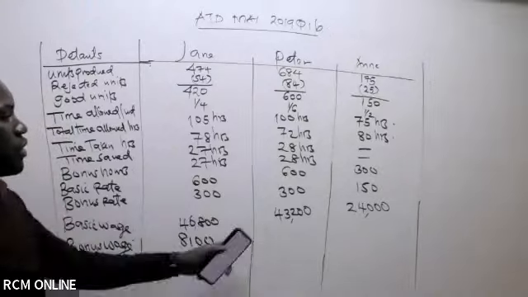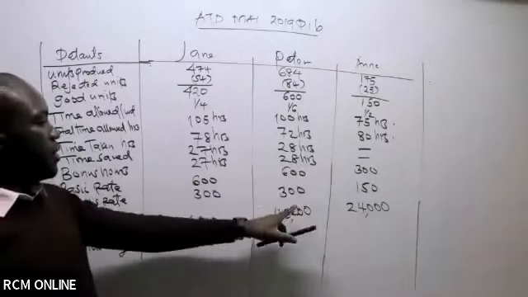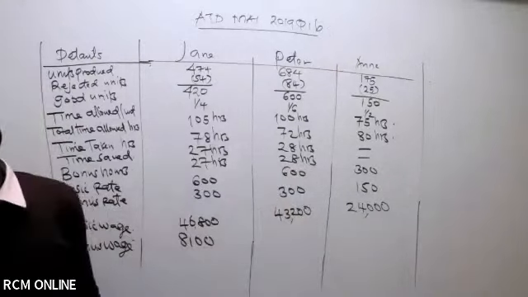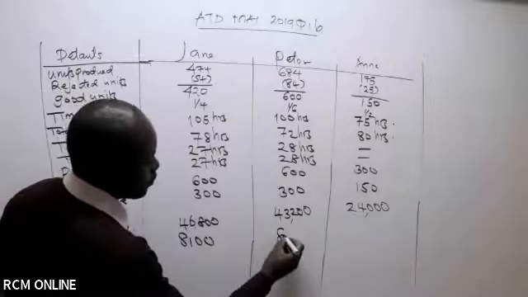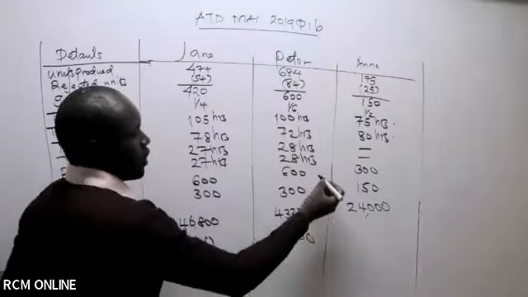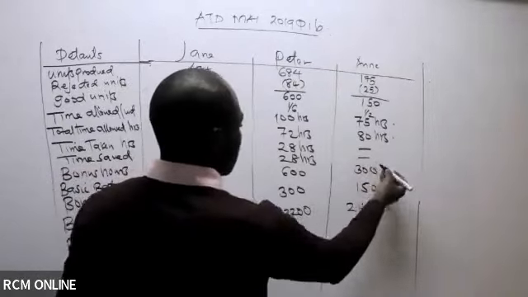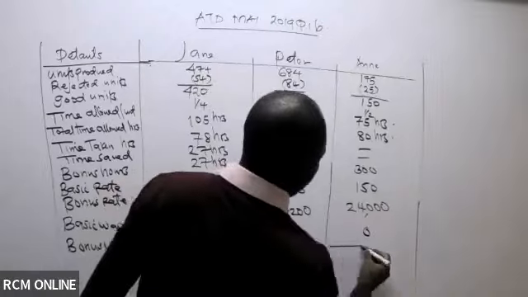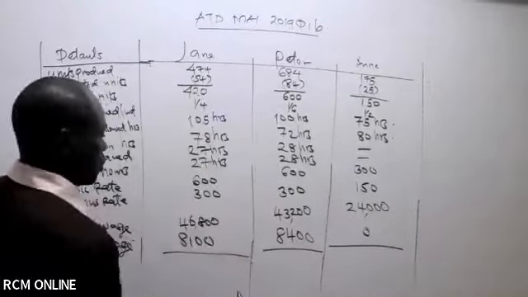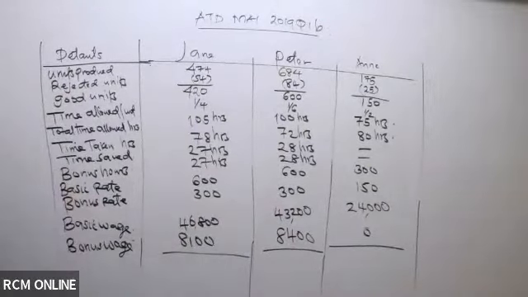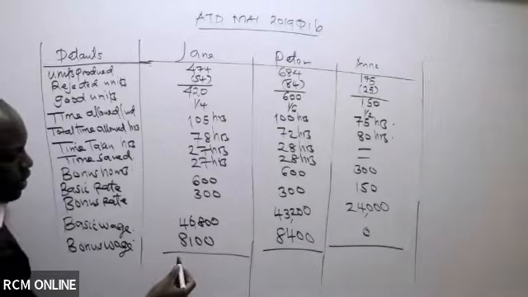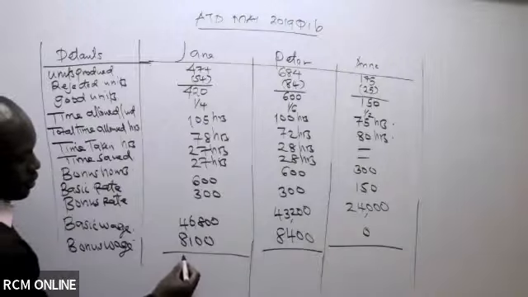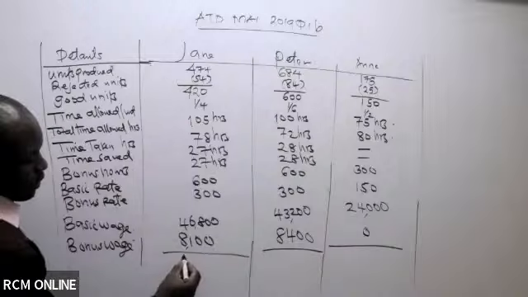How about 28 by 300? 28 by 300 is 8,400. Then we don't have bonus hours here, so we don't have anything with the bonus. And then you now get the total. This one here will be 52,900. 54,900.